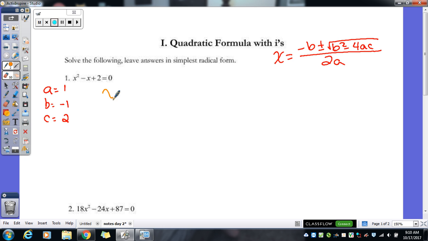So x equals, I have negative, and then I plug in a negative 1 for my b. So what ends up happening with that? It turns a positive. Then plus or minus negative 1 squared minus 4 times 1 times 2, all over 2 times 1.